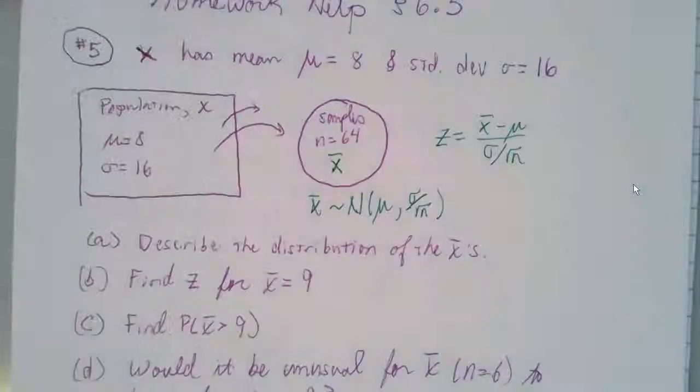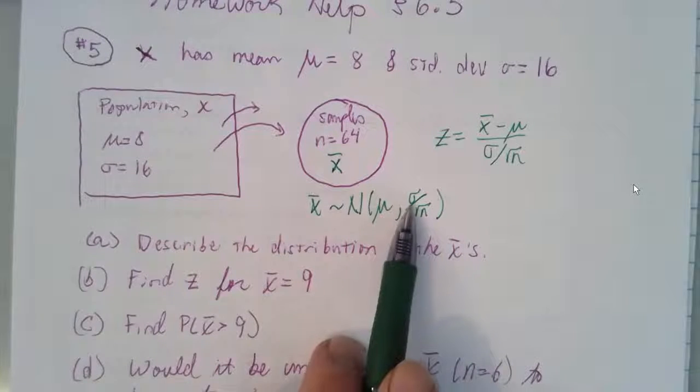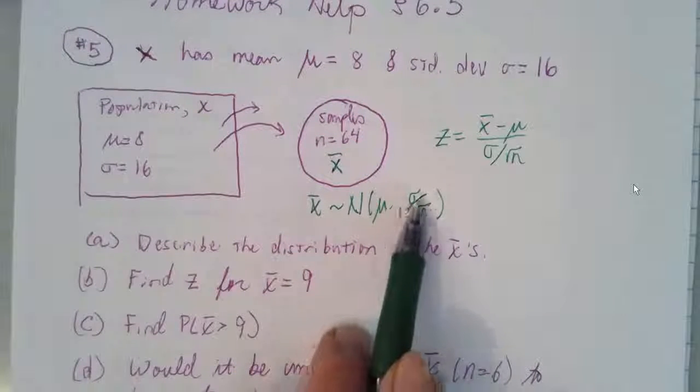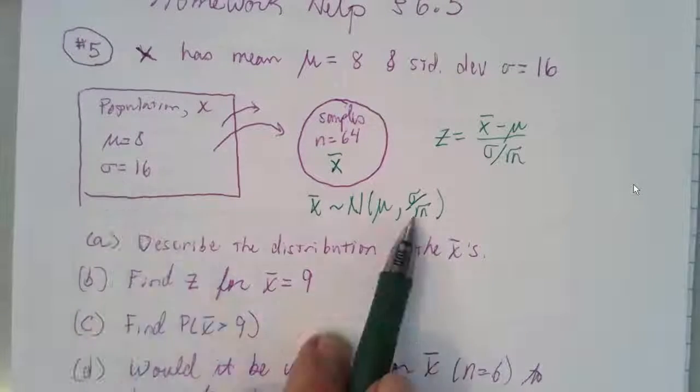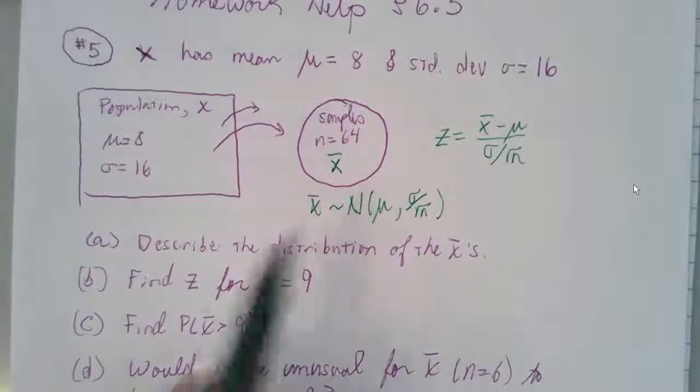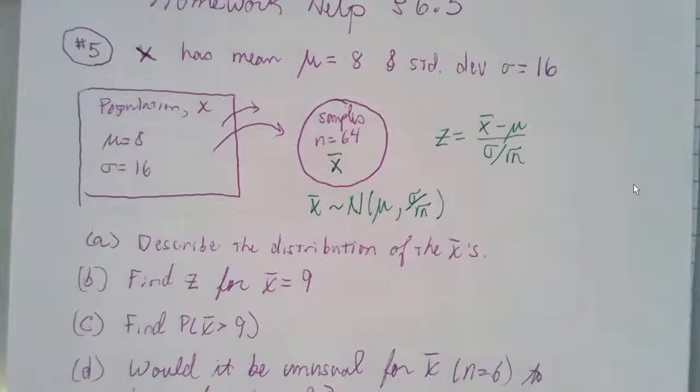And the x bars have a standard deviation, or sometimes we say a standard error, of sigma over root n, the standard deviation of this whole population, but then divided by something. So it's actually getting smaller as the size of the sample increases, and a size of 64 is pretty big.